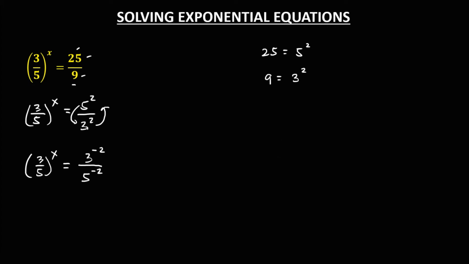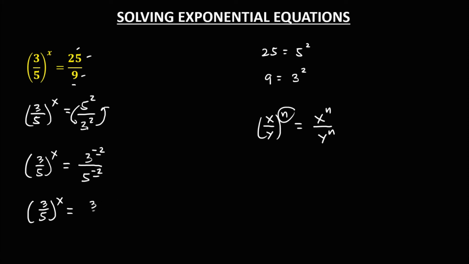Then from the laws of exponents, so if we have x over y to the power n, this one is equal to x to the power n over y to the power n. So therefore, we can rewrite this one as 3 over 5 to the power x equals, since the same exponent, so we can put this exponent outside.